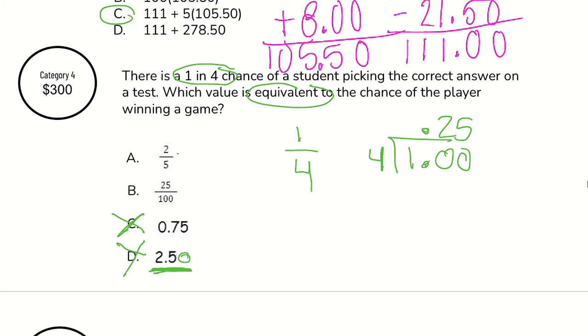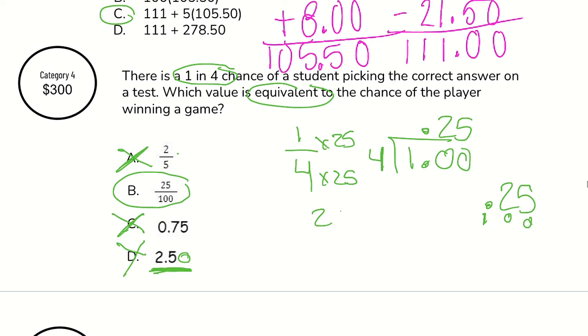No. So this is my only option. Then if I said this decimal, remember the place value, so that it would be 25 hundredths. And look at this, this is 25 over 100. I could also multiply these by 25 and get 25 over 100.